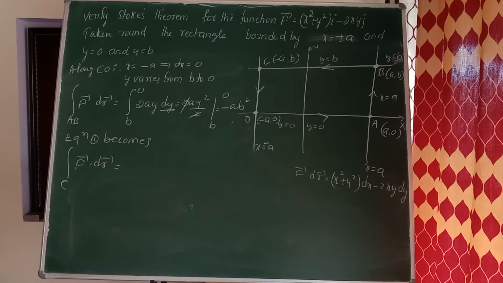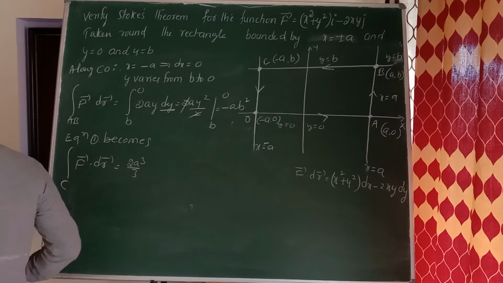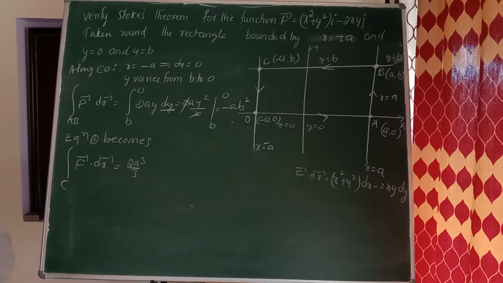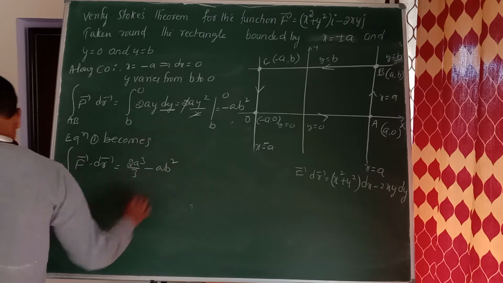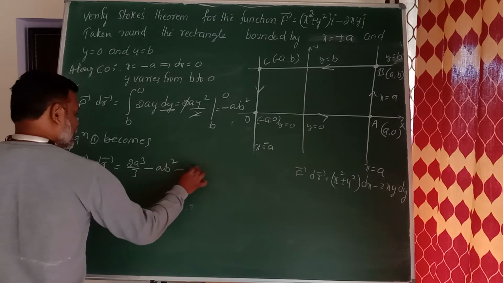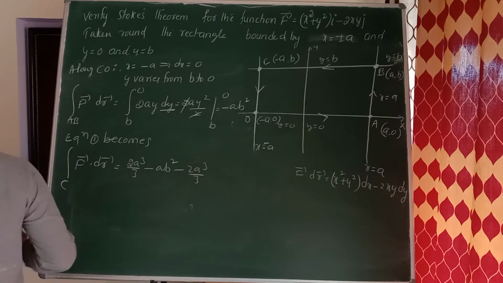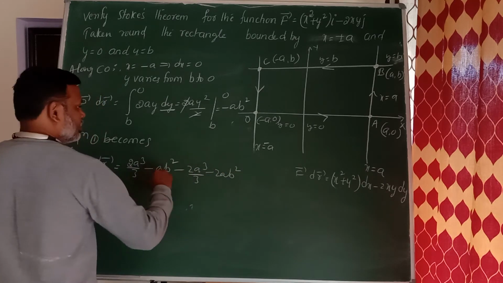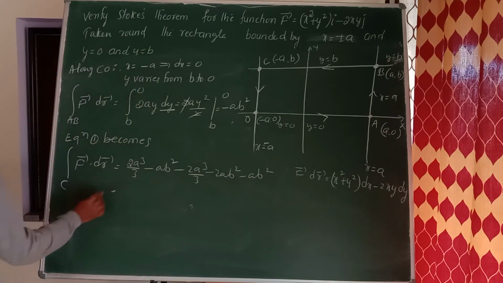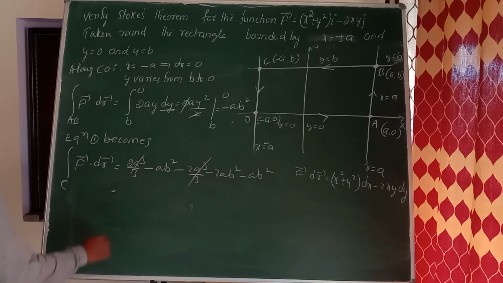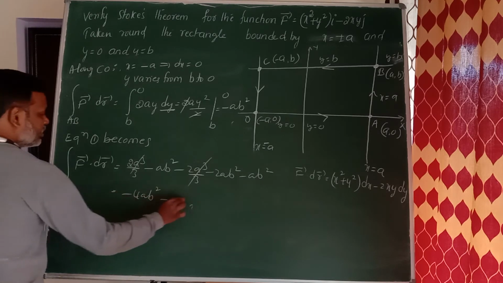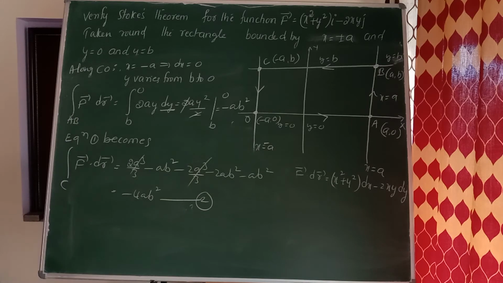It becomes 2a cube by 3 along OA, minus ab square along AB, minus 2a cube by 3 minus 2ab square along BC, and minus ab square along CO. By simplifying, 2a cube by 3 minus 2a cube by 3 cancels, and minus ab square minus ab square minus 2ab square becomes minus 4ab square. This is equation number 2, the LHS part: minus 4ab square is the line integral over C of F dot dr.